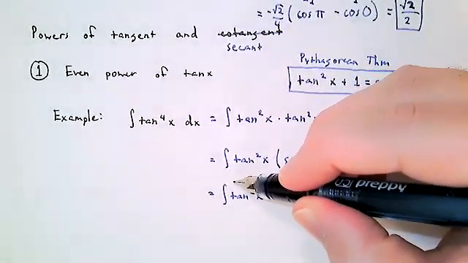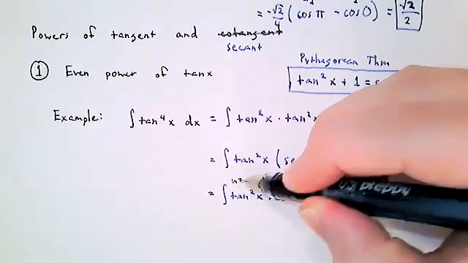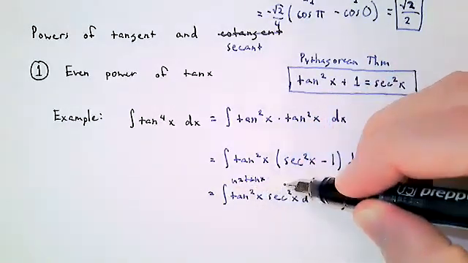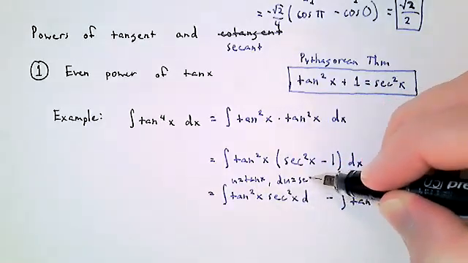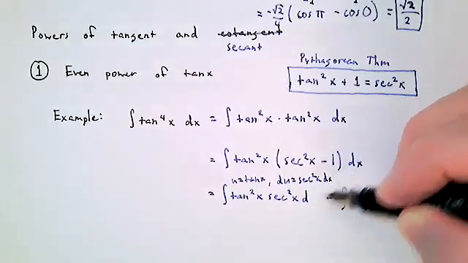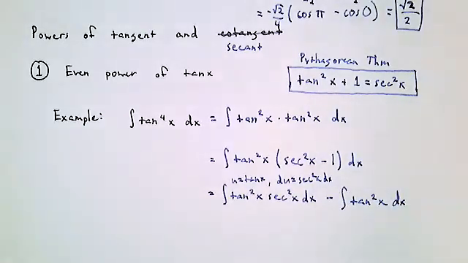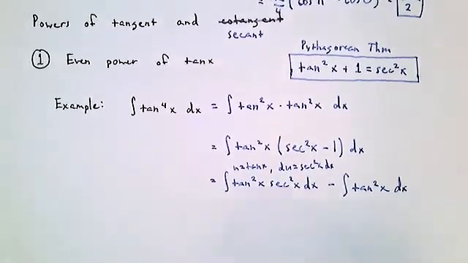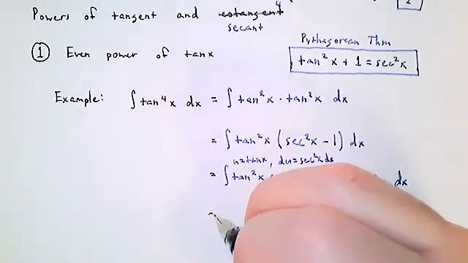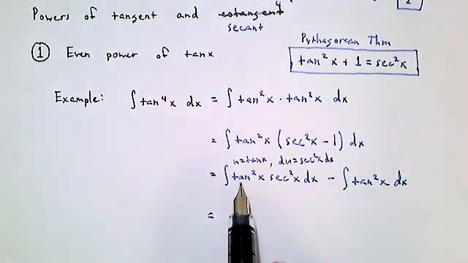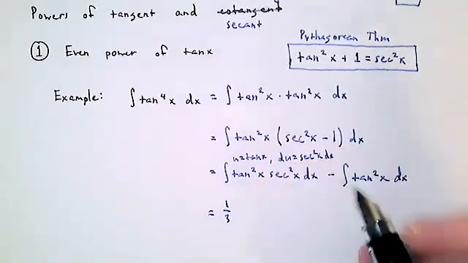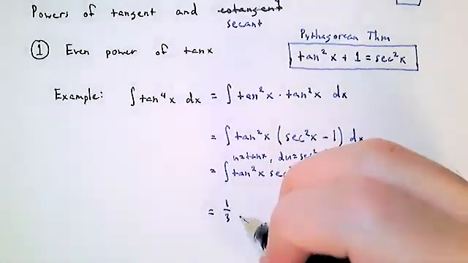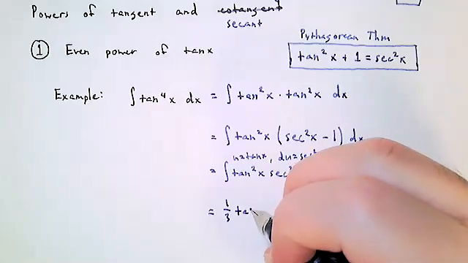Here we have u equals tangent, and then du will be secant squared plus the next there. So this one is straightforward. We have a u squared, so its integral is 1/3 u cubed, so that's a tangent cubed.